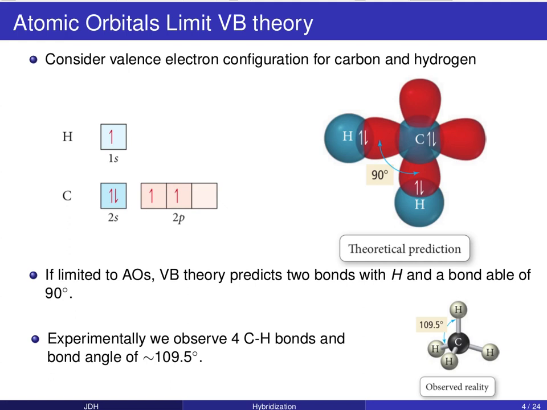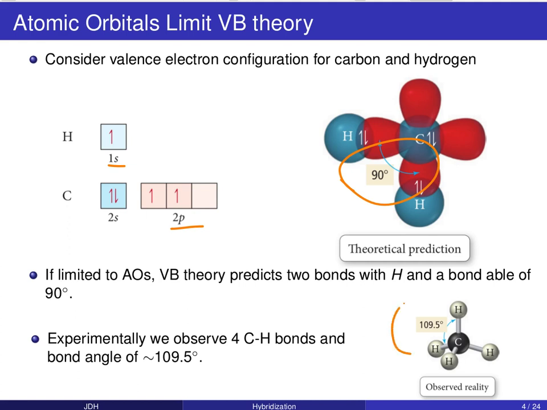We see that if we rely on atomic orbitals, we are left with only two bonding possibilities. There are only two half-filled p orbitals that will overlap with the two half-filled 1s orbitals from each of two different hydrogen atoms, and you will predict a structure that looks very similar to H2S. But right off the bat, we know that this structure is incorrect, even from a simple Lewis structure analysis.